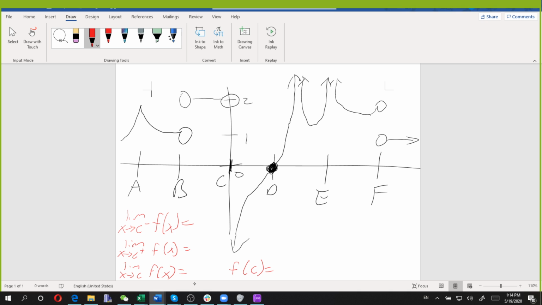Sarah, for C, what's my limit from the left? 2. And limit from the right?